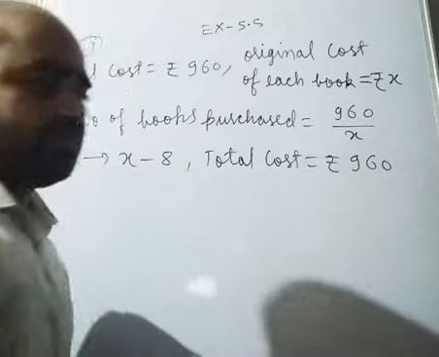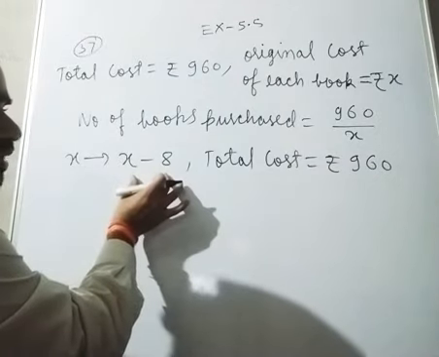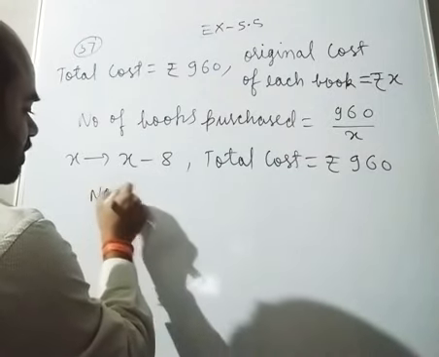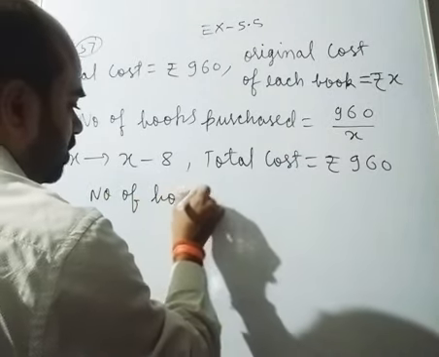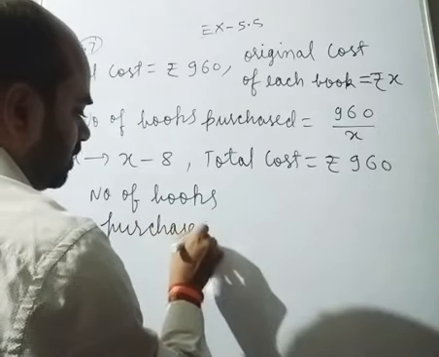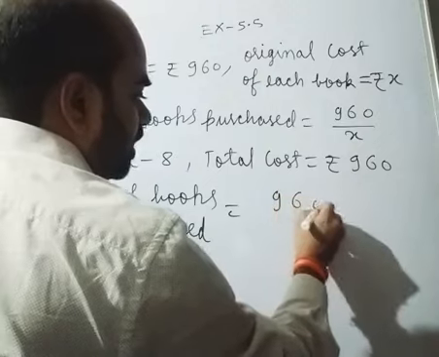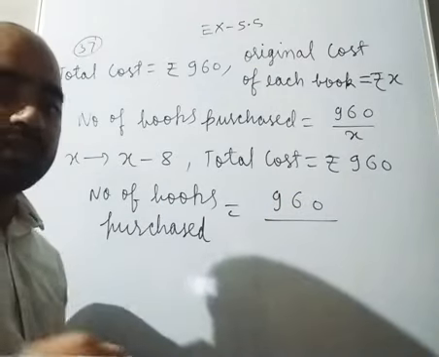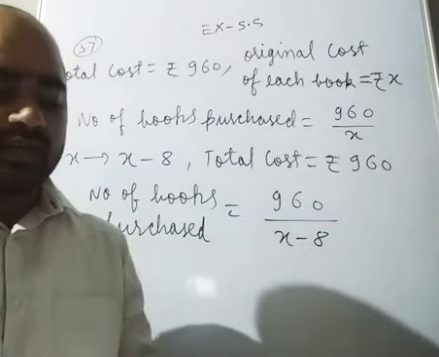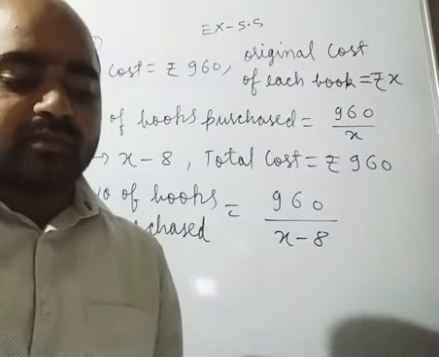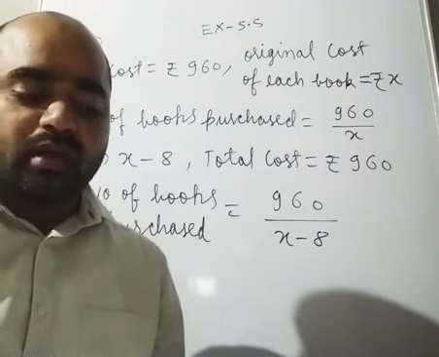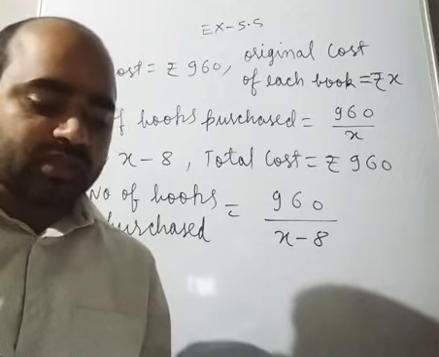Total cost is the same, 960, but now the cost of each book is x minus 8. It means now the number of books purchased is equal to total cost upon cost of each book, but now the cost of each book is x minus 8. Correct? And it is given, if the cost per book was rupees 8 less, the number of books that can be bought for rupees 960, same cost, would be 4 more.